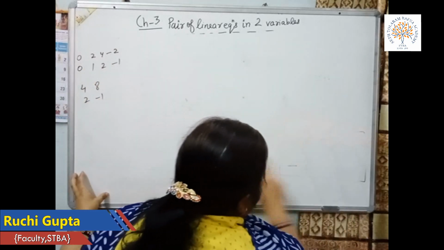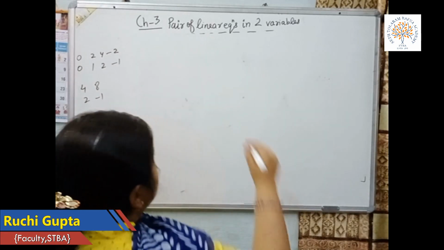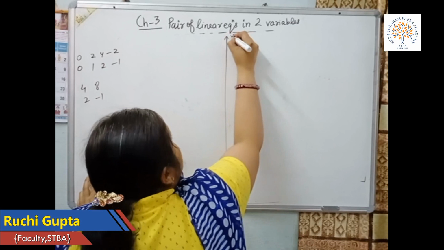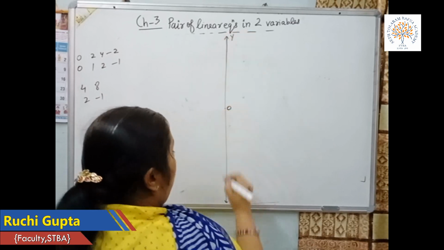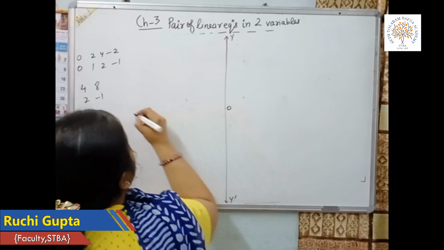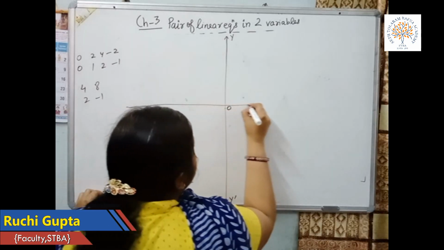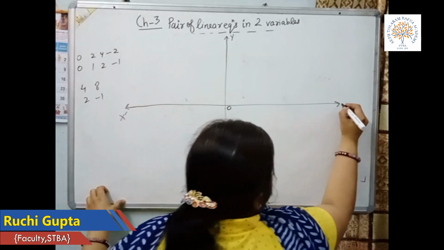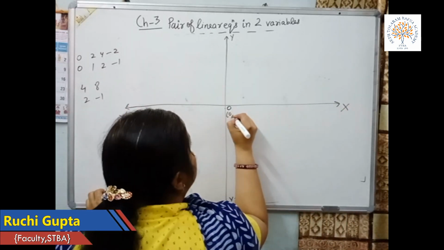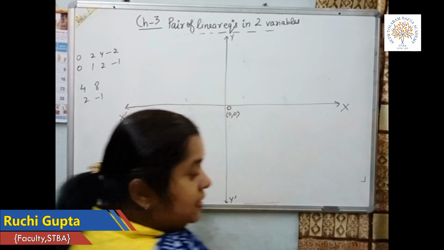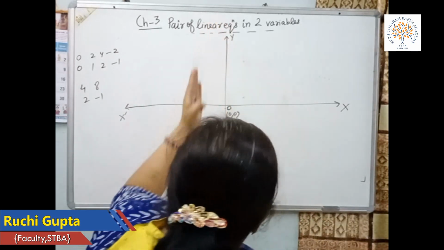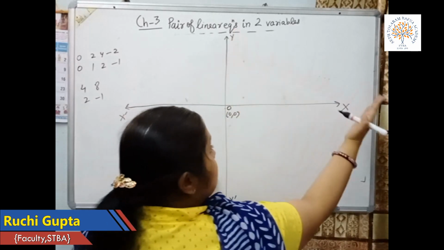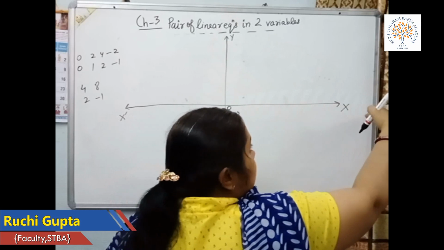Now students, which axis is this? It is the y-axis. Y, O, y dash. What is O? O is the origin. Here the coordinates of x as well as y are 0, comma 0. X-axis is always the horizontal axis and y-axis is the vertical axis. X-axis and y-axis are perpendicular to each other.